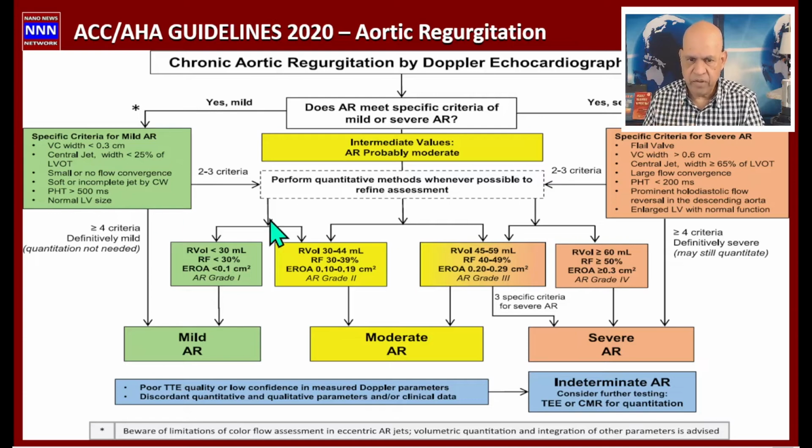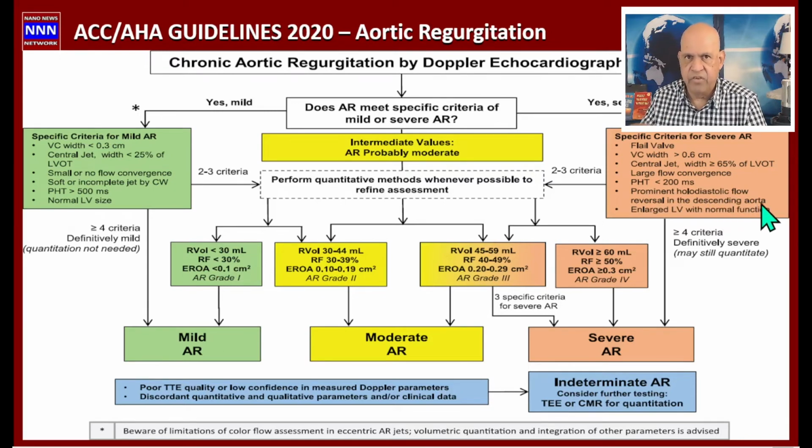that are used in making clinical pathway decisions, so that when you understand the fundamentals, the clinical pathway just becomes automatic. Let's look at the severe case which needs intervention. We have a flail valve. Oh, that's a pretty significant indication. Vena contracta greater than 6, jet width 65% of the outflow tract, pressure half time less than 200, holosystolic flow, and reversal of flow in the descending aorta.